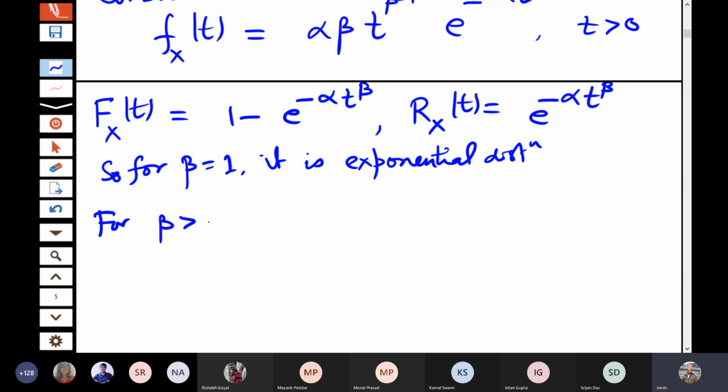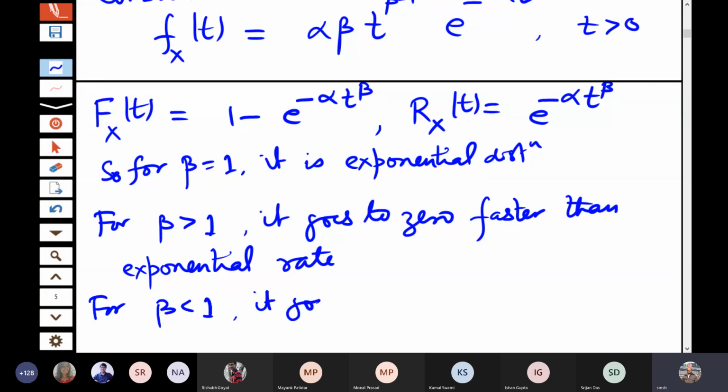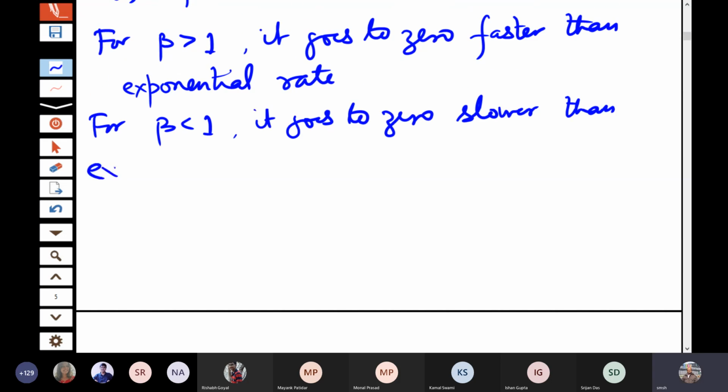For beta greater than 1, it goes to 0 faster than, and for beta less than 1 it goes to 0 slower than exponential rate.